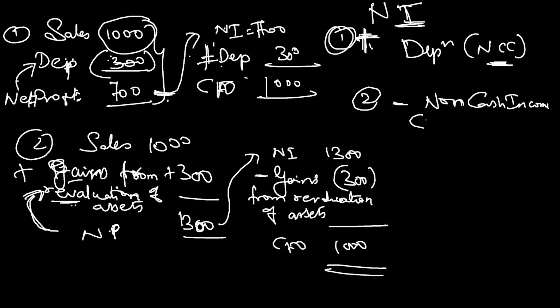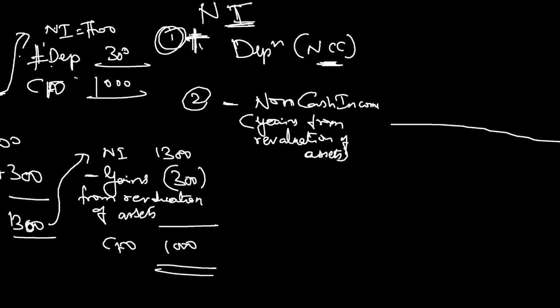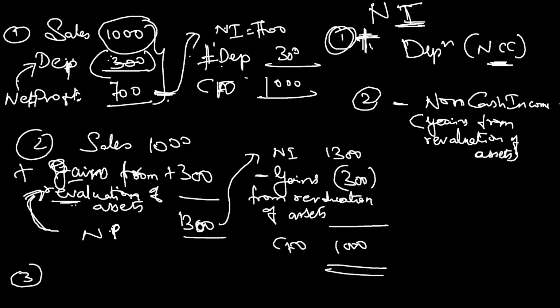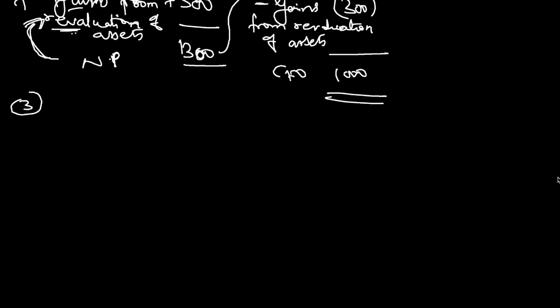An example of non-cash income is gains from revaluation of assets. This is the second rule. Then the third one.